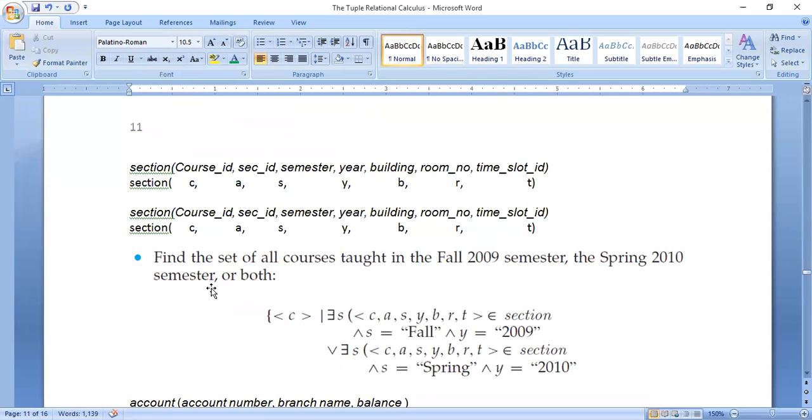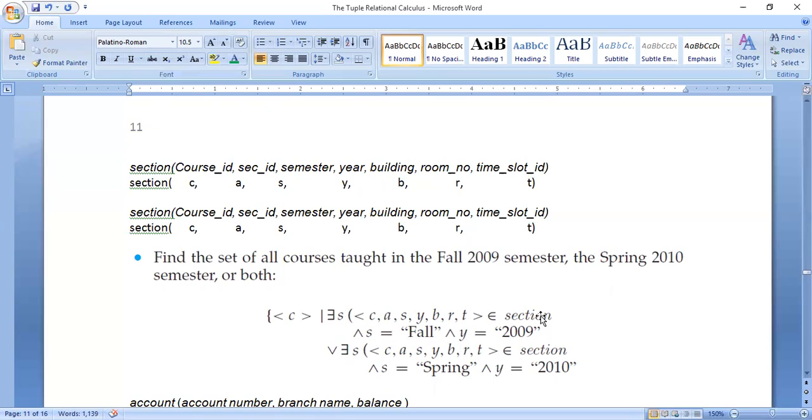Now see here the entire information regarding the set of courses, course ID and semester. This is from only one relation, section. So only one relation is required to fulfill this query.